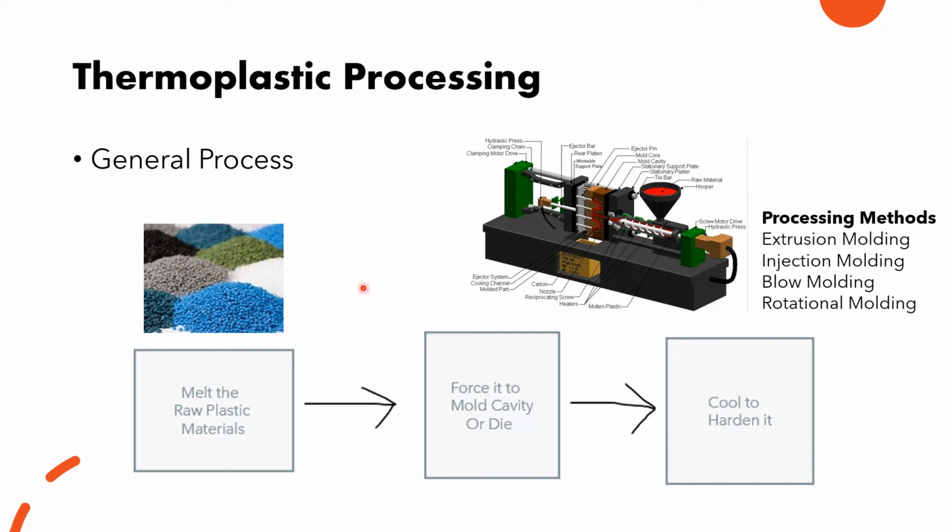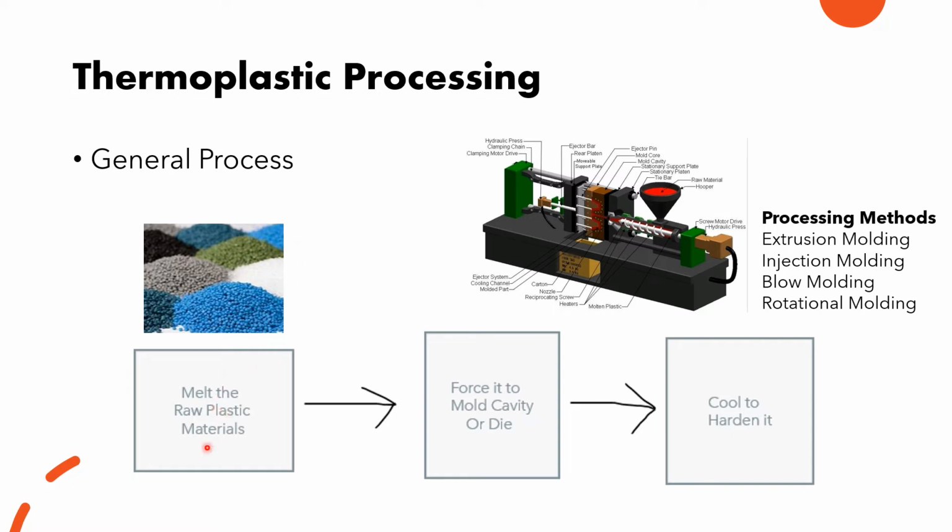So when you do thermoplastic processing, you have to process your raw material into some shapes. So this is a general process to process the raw plastic synthetic materials, your granules and your powders and your flakes.